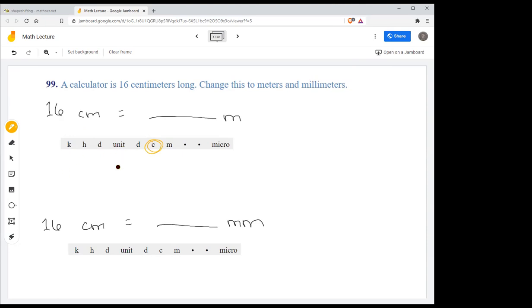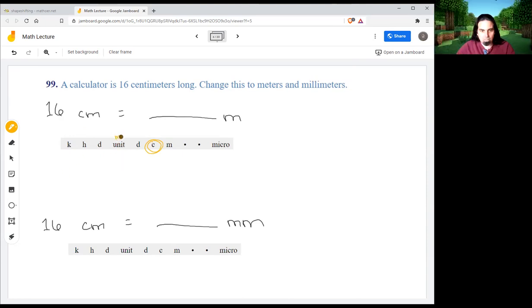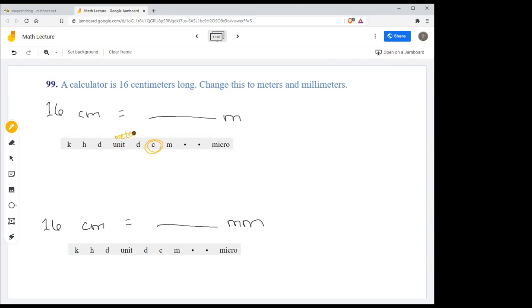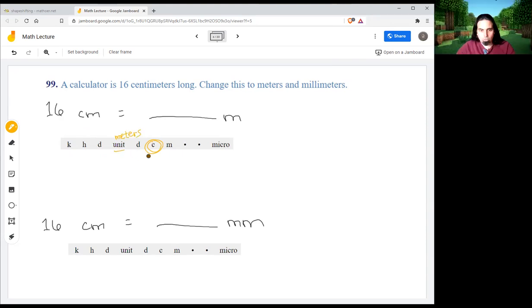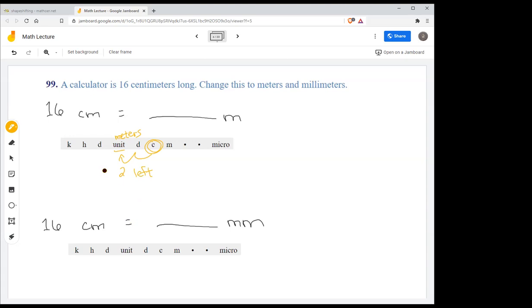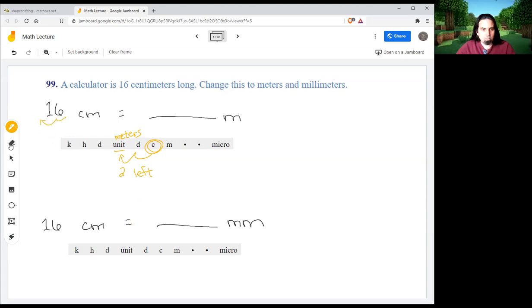To the right of it. It's the plain here, the unit, right? So I'm going 1, 2 to the left, which again, you could just do in your head and not have to write it out. So 1, 2, so I get 0.16.